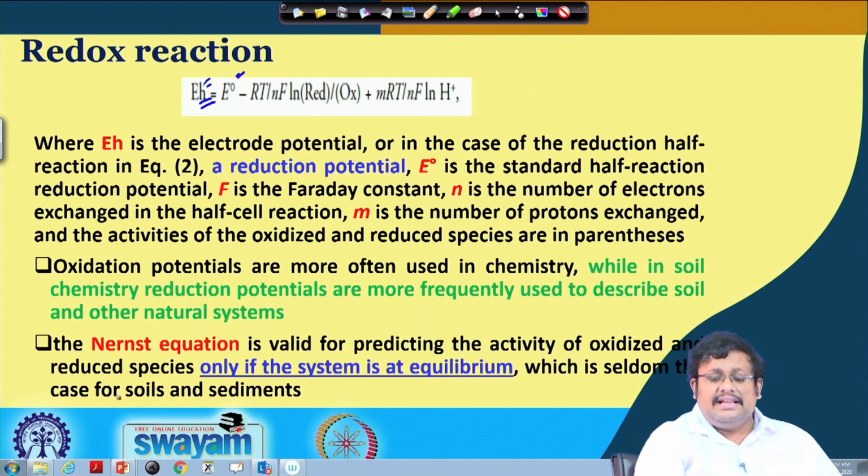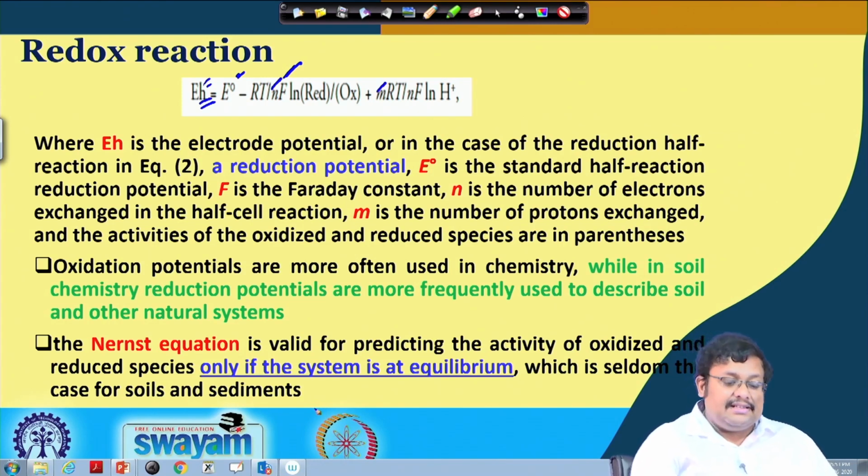E0 is the standard half reaction reduction potential, and F is the Faraday constant. N is the number of electrons exchanged in the half cell reaction. M is the number of protons exchanged, and the activities of the oxidized and reduced species are in parenthesis.